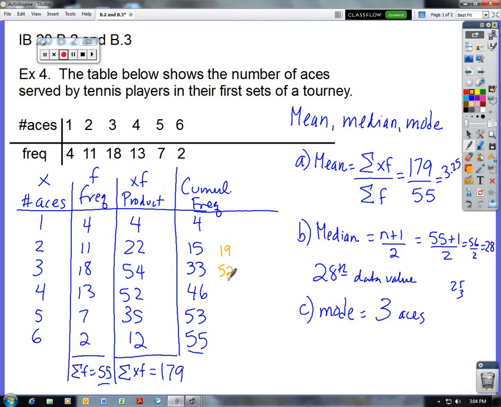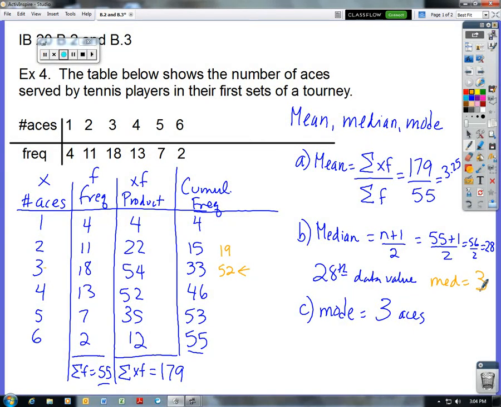So the 28th item is going to be somewhere in this row, and that means that the median is 3. Okay, the median is 3.